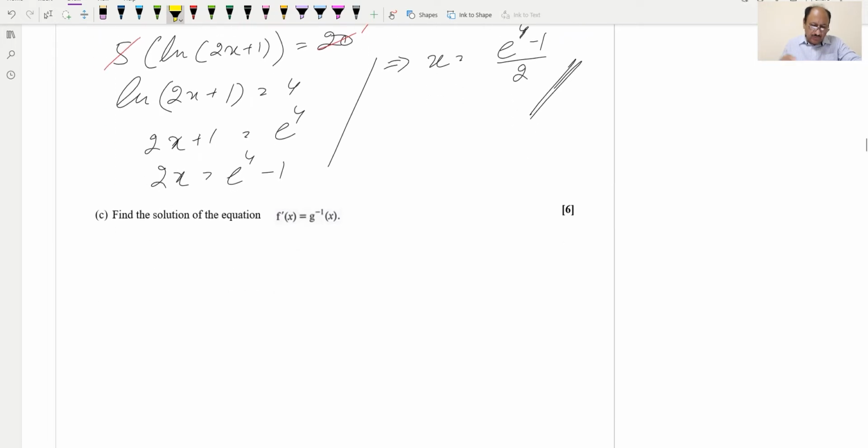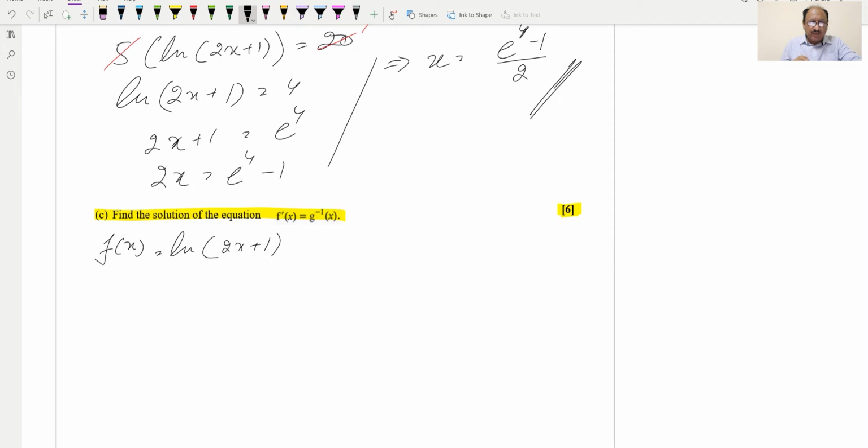So this will be the exact value, and this was a 3 marks question, B part, which we have done. Now C part says find the solution of the equation f dash of x is equal to g inverse of x, and this is a 6 marks question. So first of all we will find f dash of x. We know f of x is equal to log of 2x plus 1.